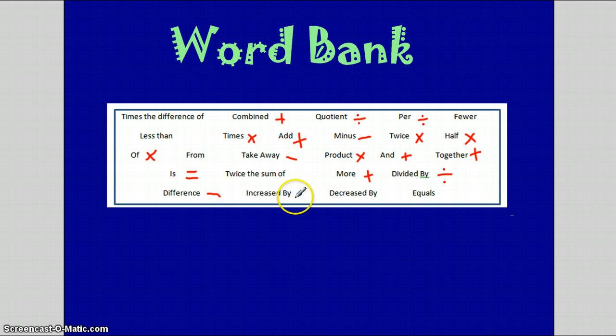Difference is subtraction. Increase by is addition. Decrease by is subtraction. Those are opposites. And equals is our equal sign. Those are the ones that I think you should have filled in. We're going to talk about the others in a second. If you need to, take a second, again pause, and jot down the correct answers.